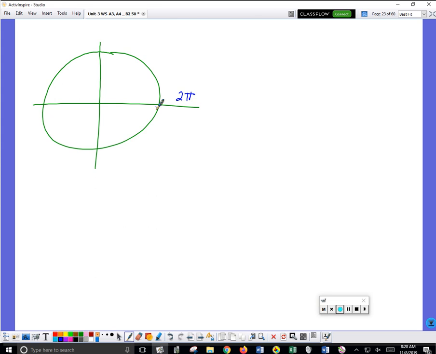Don't think too hard. Where would a rotation of pi be? Hands, come on. 180. How many knew it? Point. Where would a rotation of 1/2 pi be? Come on, hands. Just tell me the number on the clock. If you have to look at the clock, it's fine. Perfect.